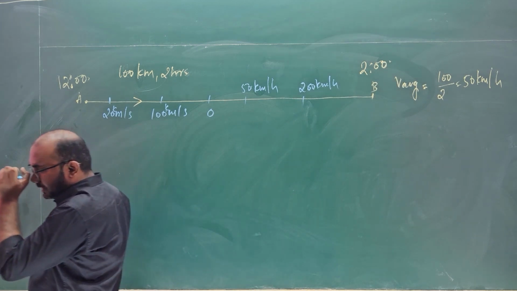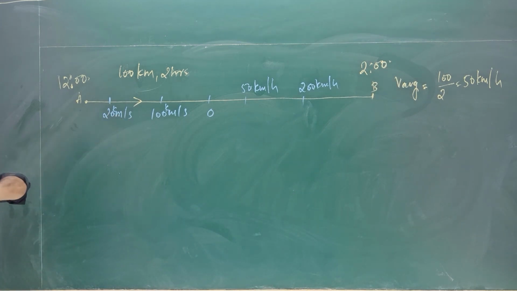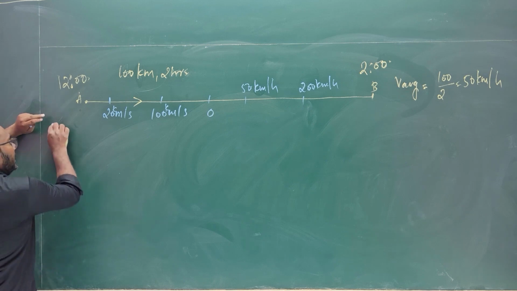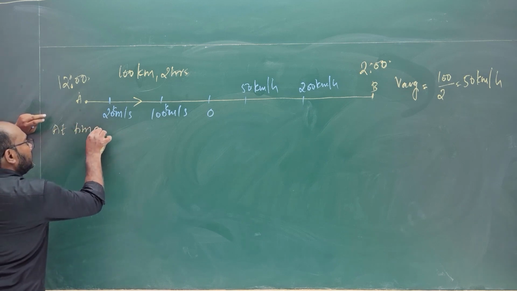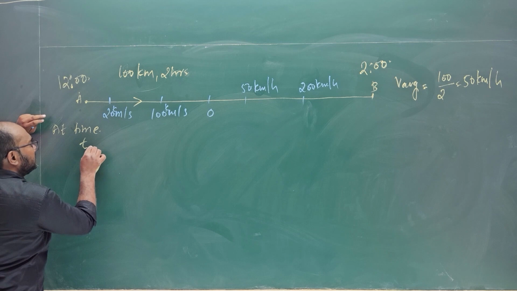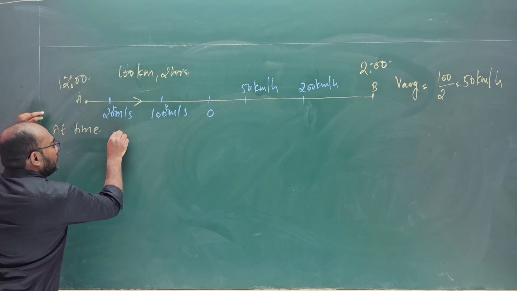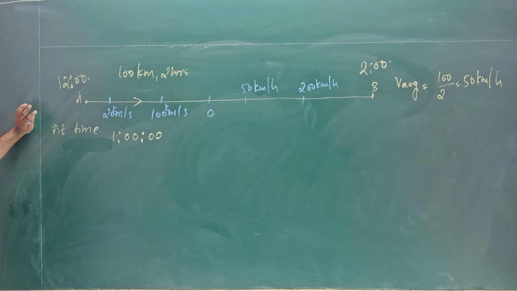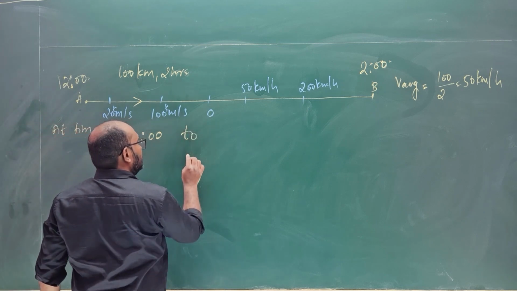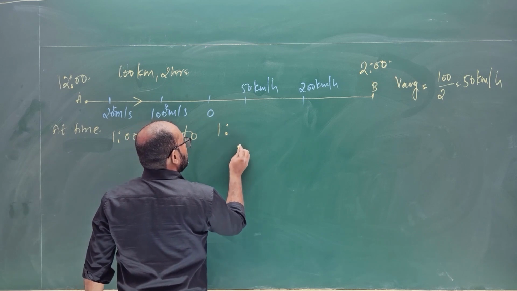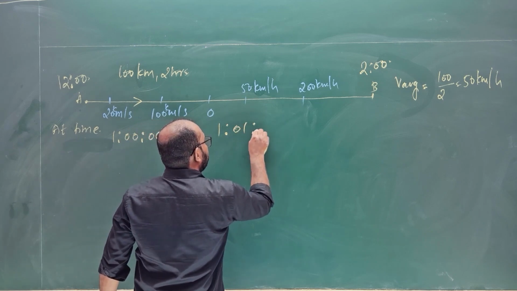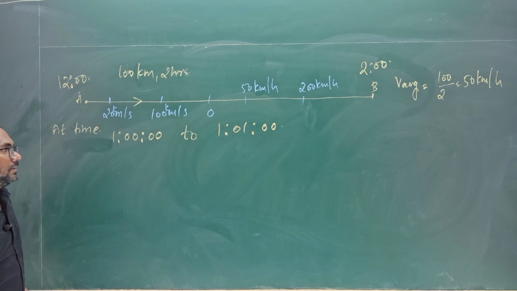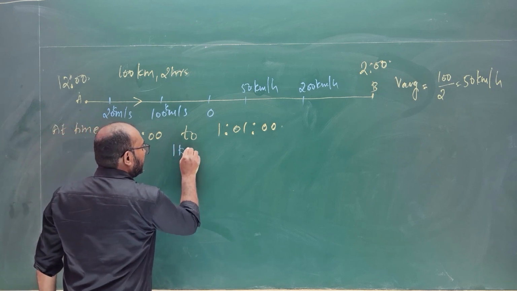Now, if I ask you at a time t, and time is given, at t equals 1 hour 0 minutes 0 seconds to 1 hour 1 minute 0 seconds, and the person who is riding that bike or car said that he traveled a distance of 1 kilometer between this time.